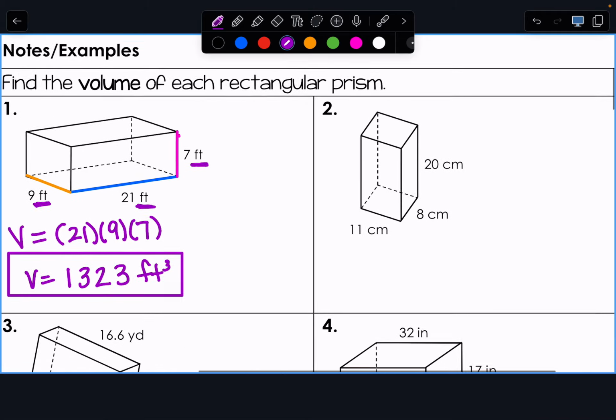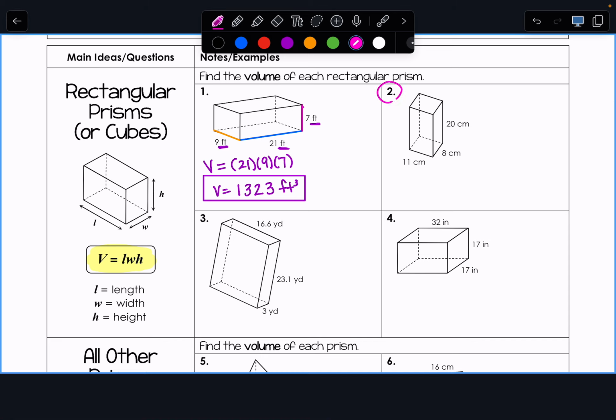Okay, I want you to do numbers 2 and 4. Check in with your neighbor to make sure they get the same thing on 2.